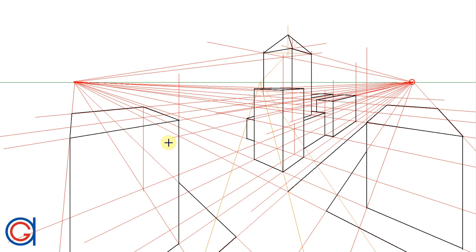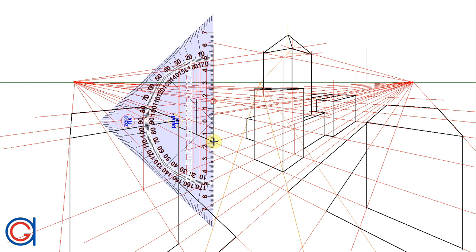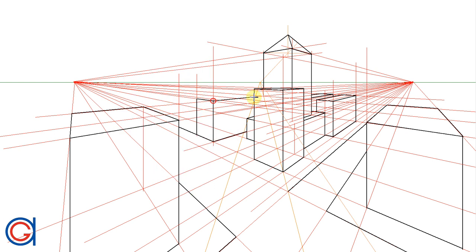We also continue on the other side drawing more buildings of different heights in order to finish off the main block of buildings as a perfect square using the third vanishing point.